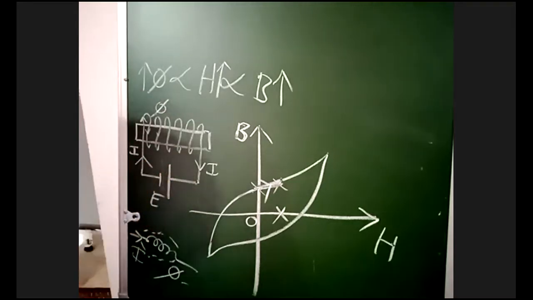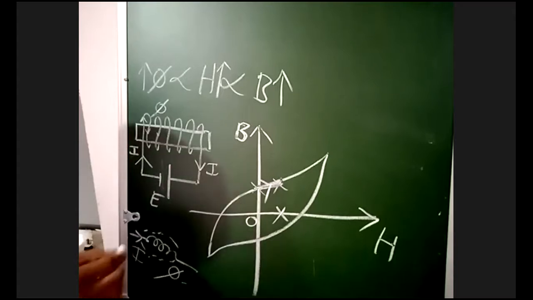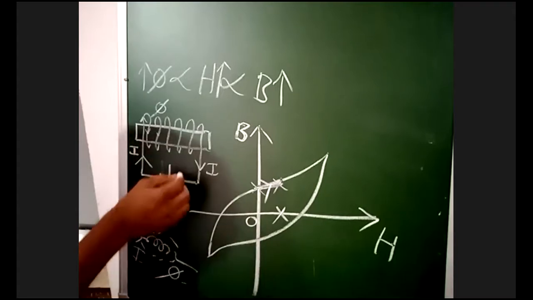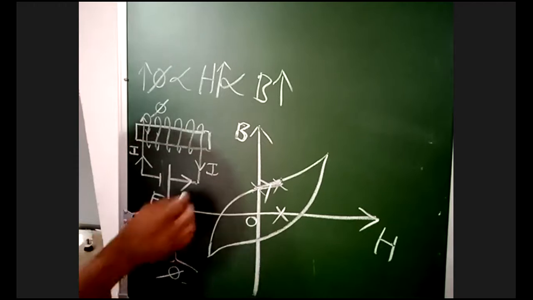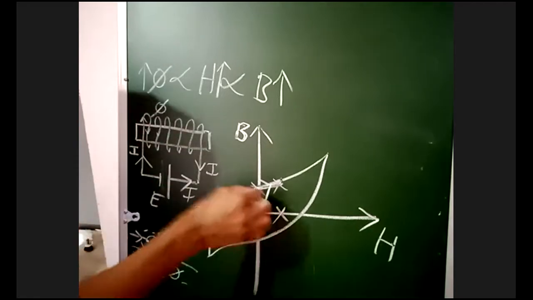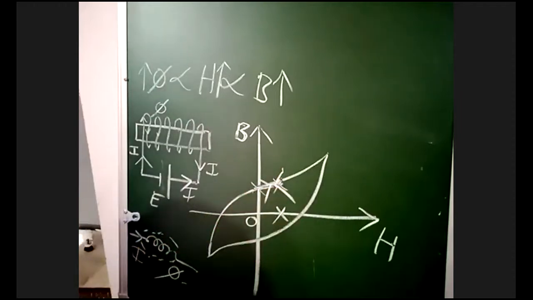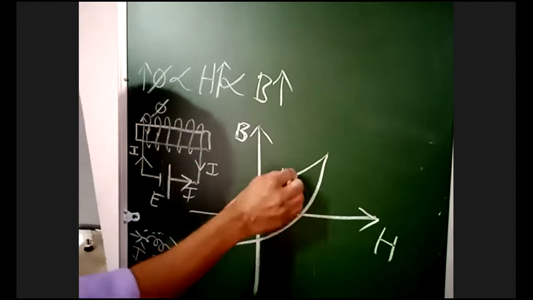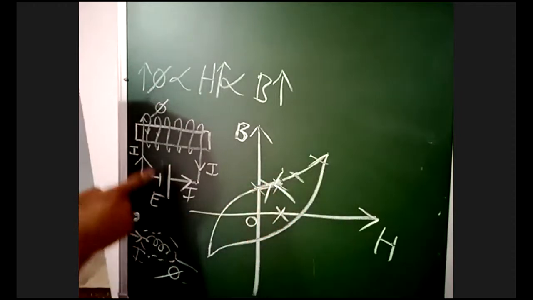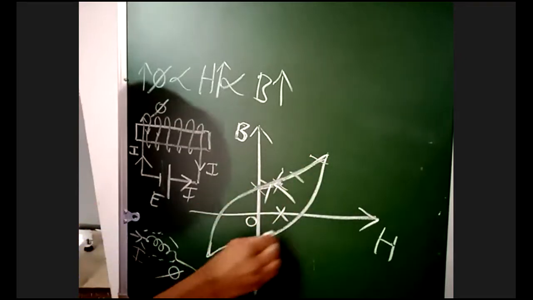What happens to current? It goes backward. Current direction is reversed. That means now I am magnetizing this iron piece in the backward direction. Like this, we will take all the points by increasing and decreasing the current, and join all these points, and we will get one curve.